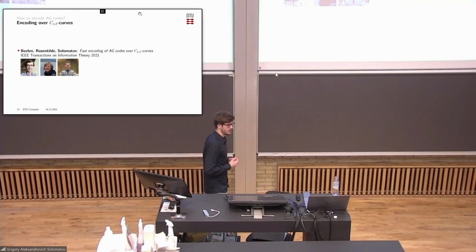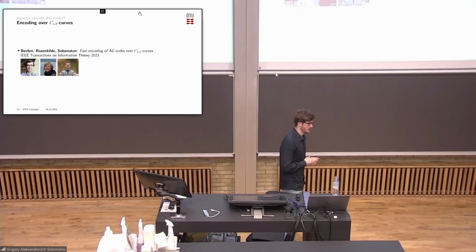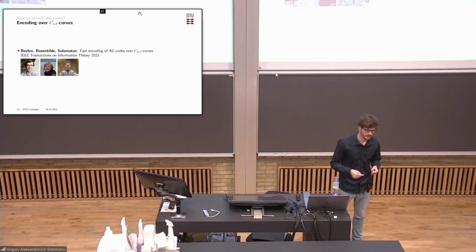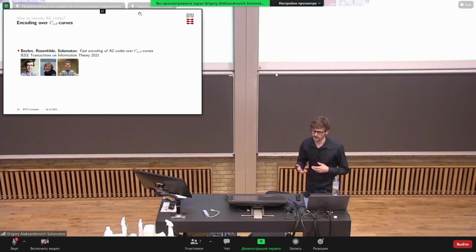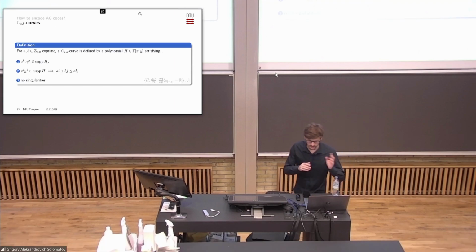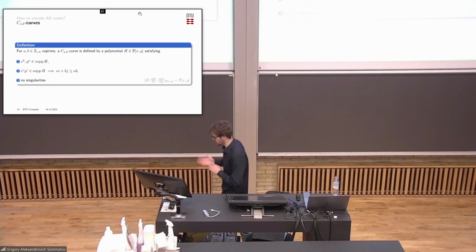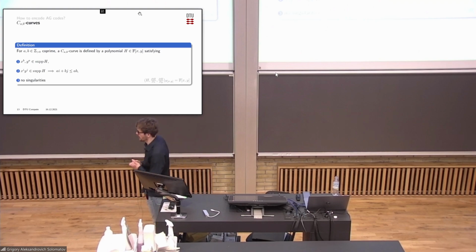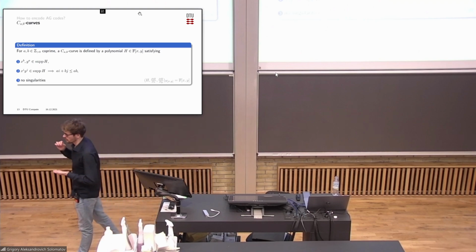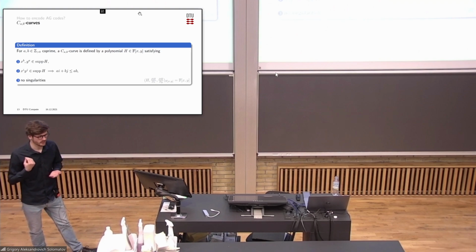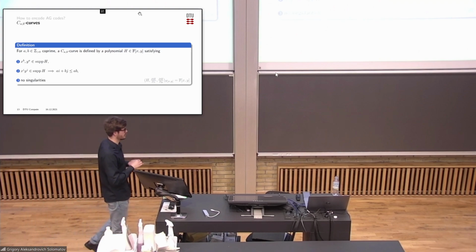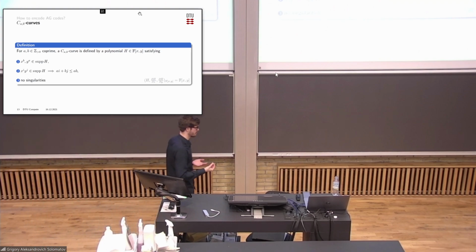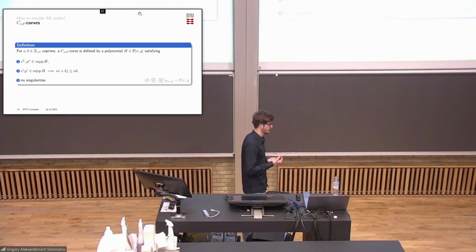This paper considers encoding of algebraic geometry codes over a special kind of curve. This special type of curves is called CAB curves. I have a technical definition on my slides. I will not go through the actual technical details. The important thing to understand here is that a CAB curve is defined by a bivariate polynomial, so a polynomial in two variables.